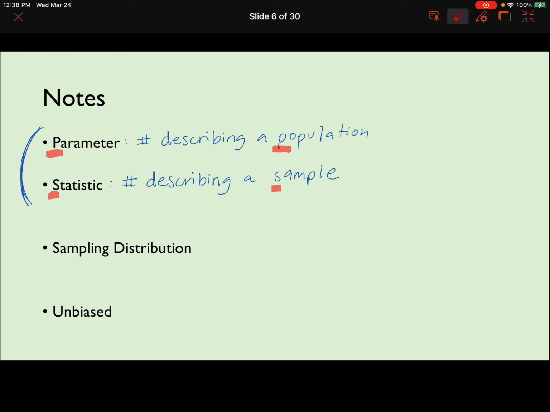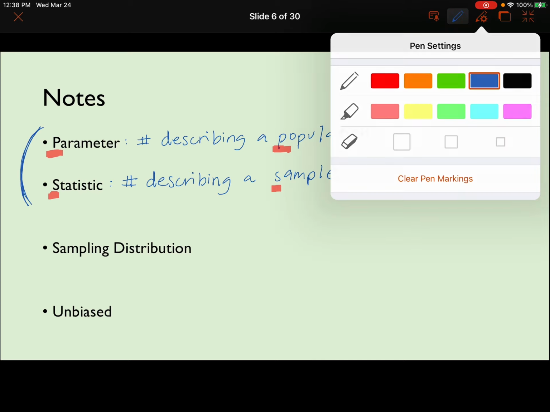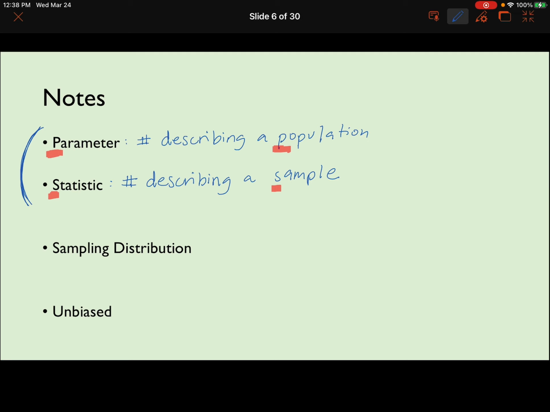Okay, next thing I want to talk about is sampling distribution. Sampling distribution shows the statistic found in all possible samples of a certain size. So whatever size it is, and in the activity we used size n equals 2, our samples were each 2.